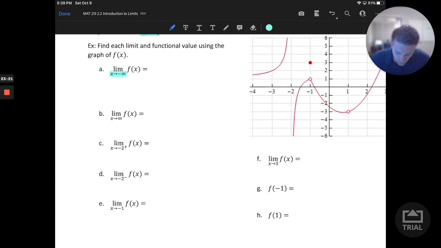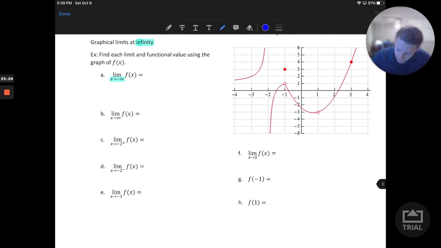So let's take a look at our graph and see what we're actually trying to look for here. If I want to consider my inputs decreasing without bound, I'm going to be considering really what my function is doing as I go off the page, or in other words, my left-hand end behavior. So based on what we see here, there looks to be somewhat of a trend, and we'll have to consider extrapolating this a little bit, but it looks like we're leveling off here at a height of 1.